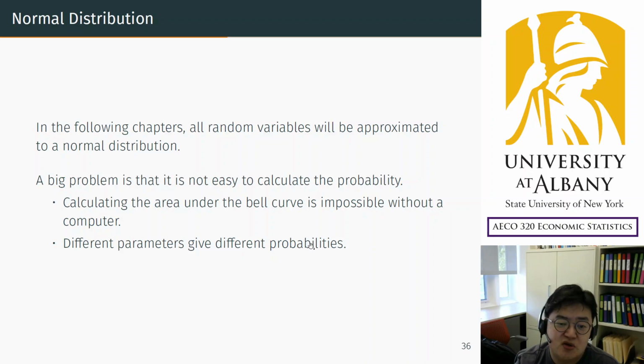So we are going to use a computer, basically Excel, and there is another problem. There are two parameters, mu and sigma, and depending on those parameters, the probabilities will be different. So it is not easy to handle all the possible cases.